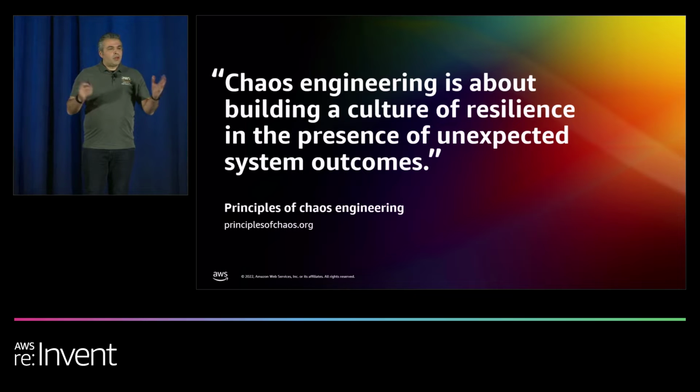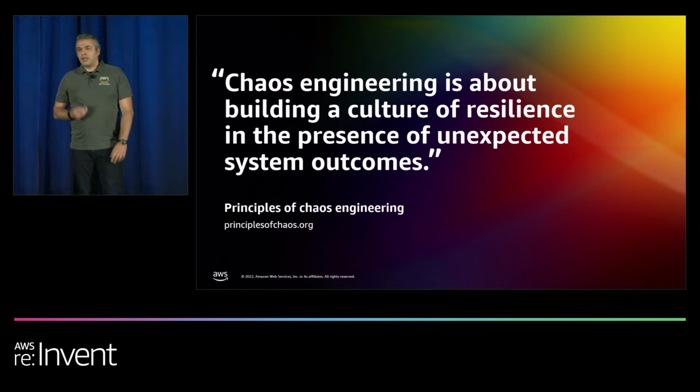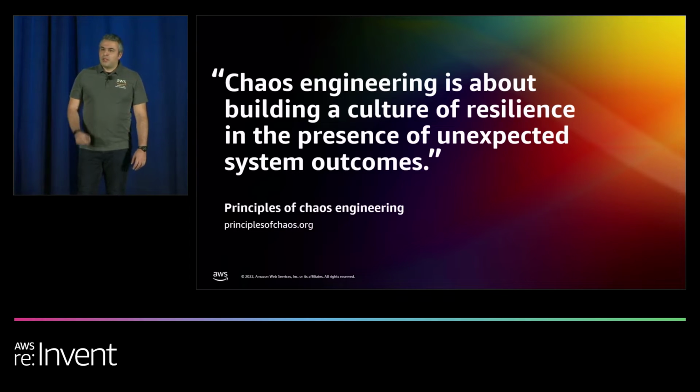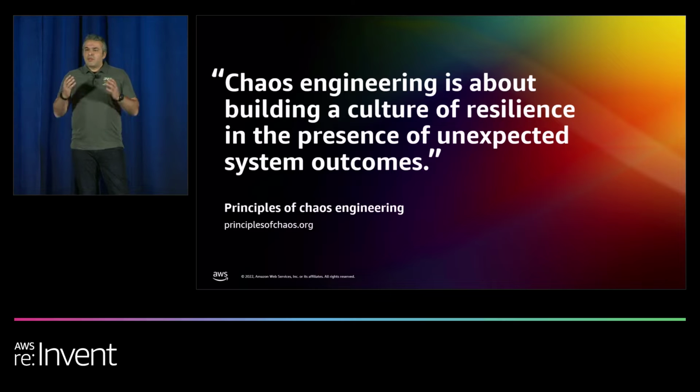So chaos engineering is not new. Chaos engineering has been around for over 10 years. And there are many companies that have already adopted chaos engineering and have taken the mechanisms and tried to find the known unknowns.